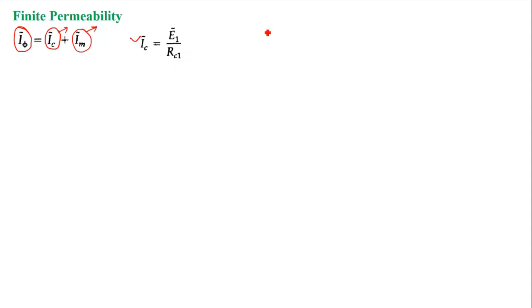So I can represent the core loss component through a resistance RC. Suppose this is across the winding, and the current is flowing here, and E1 is the induced voltage across this. Now I can write this component which is providing the core loss as E1 by RC1.